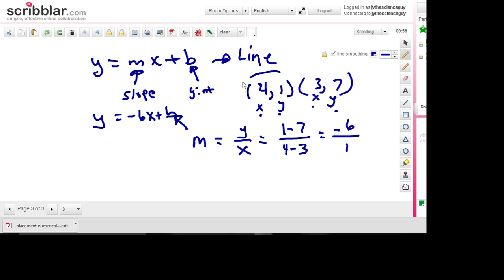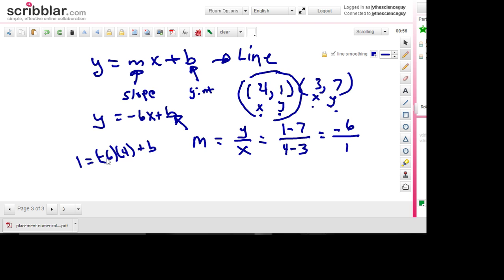So let's just use this one. So y is equal to 1, and then x is equal to 4, so I'm going to have negative 6 times 4 plus b. Do you see where I substituted the numbers in? Okay.